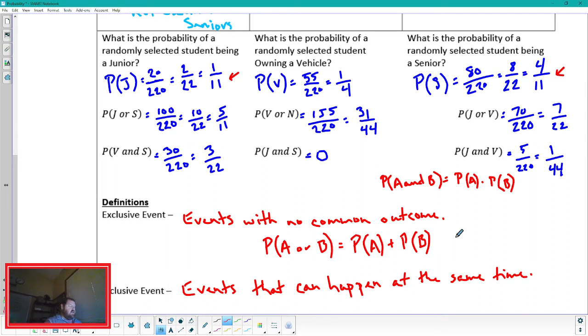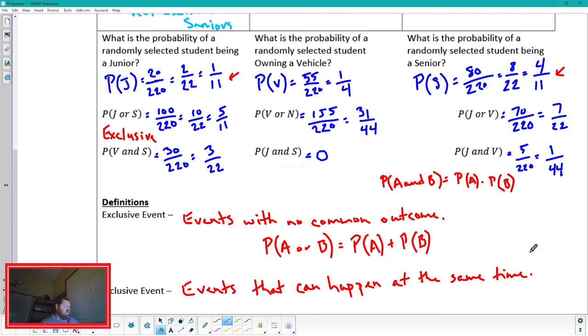The ones that are inclusive events, and so this one was exclusive because there was not an overlap between those two. And sometimes you'll hear that called mutually exclusive, and that's just saying that the two of them, when we just look at the two of them, they don't share any common outcomes.